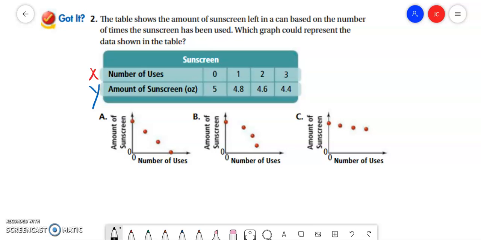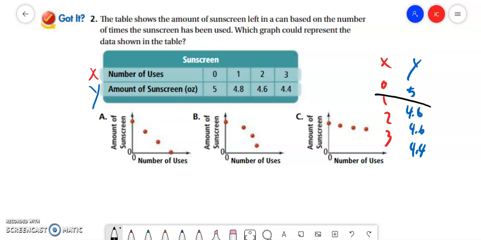All right, so our data is written a little differently than the one above. It's actually written horizontally. We can change that if you prefer. So our X column would be 0, 1, 2, 3, and then our Y column would be 5, 4.8, 4.6, and 4.4.